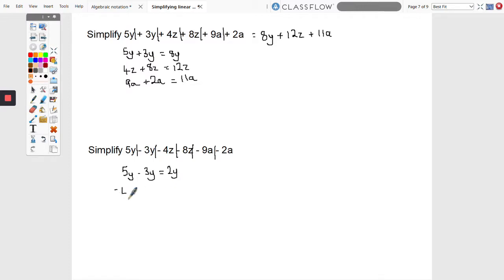And then I have minus 4z minus 8z, and that will give me minus 12z. And then I have minus 9a minus 2a, and that will give me negative 11a. So my simplified expression will be 2y minus 12z minus 11a.